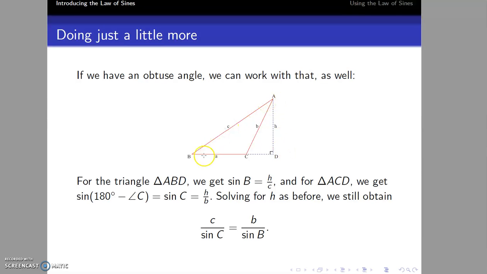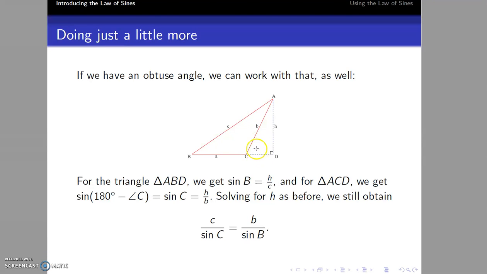I still have triangle ABD, so I can still use sine of angle B is H over C. I still have that one. But now I can't use sine of C. Instead, I have to use sine of 180 degrees minus C. I have to use this supplement to worry about triangle ACD. But the sine of any angle is equal to the sine of its supplement.